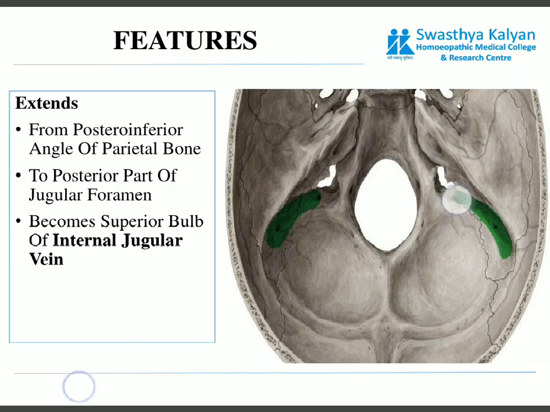The posterior compartment contains the superior bulb of the internal jugular vein, and in between there are three important cranial nerves, that is the 9th, 10th and 11th cranial nerves, which are the glossopharyngeal, vagus and spinal accessory. If there is any obstruction in this foramen, it leads to severe clinical manifestations, and they are referred to as jugular foramen syndrome.